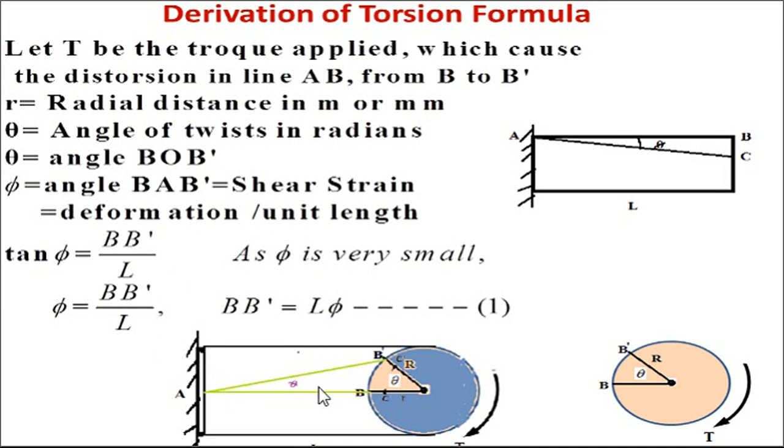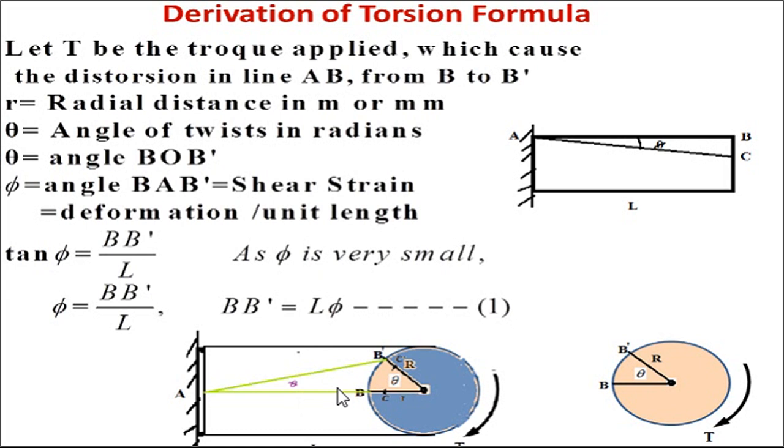Now, if we take tan phi, tan phi means what? Front side upon adjacent side. So tan phi is equal to BB dash, this vertical side, divided by the length of the shaft. As you know, phi will be very small. There will be twisting, but it cannot be observed by eyes.